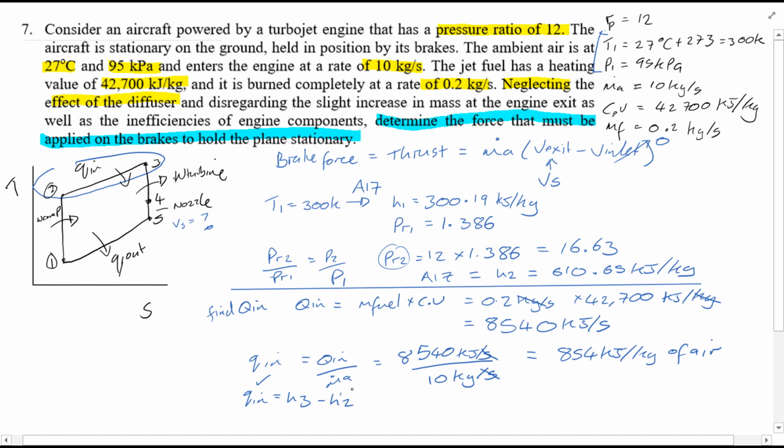Okay, so now we know H2 and we know Q in. We can just rearrange this to find H3 is equal to H2 plus Q in, and just plugging in the values, 610.65 plus 854, gives a value of H3 equal to 1464.65 kilojoules per kg.